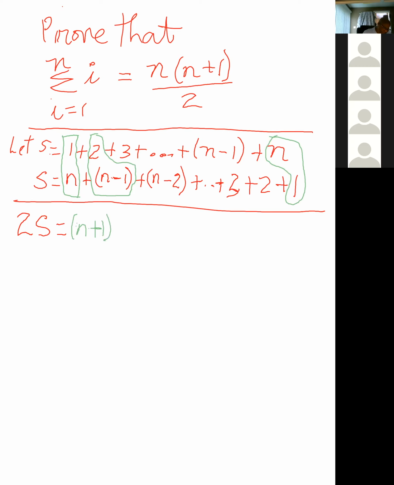Then the second term is going to be n plus 1. And then this one is n minus 2 plus 3. What is that? n plus 1.